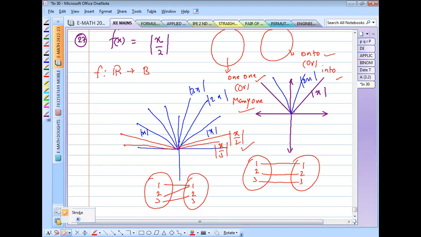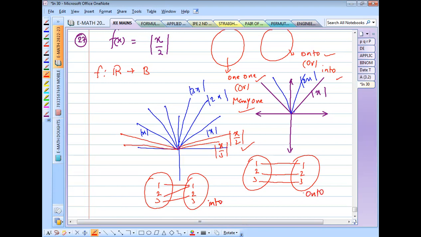Now look at the second figure. 1 has image 1, 2 has image 1, and 3 has image 2. In set B, 3 has no pre-image. This situation is called into.